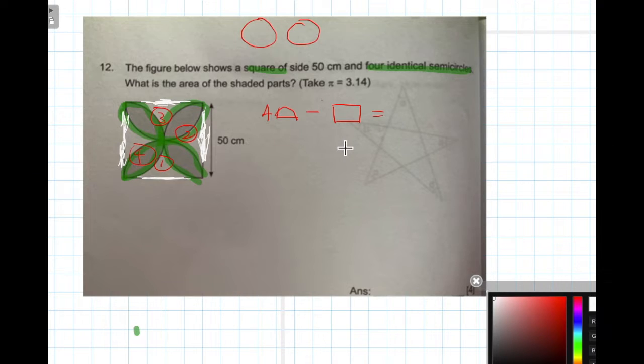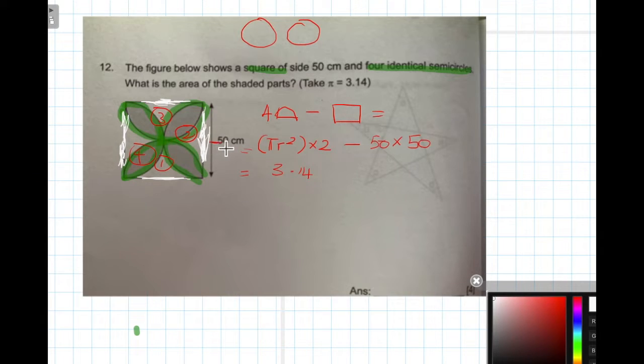So if you were to find the area of 2 circles, it's pi r square times 2, minus away the area of the box, which is 50 times 50. Okay? So pi r square, 3.14. What is the radius? The radius is from this end to this end.